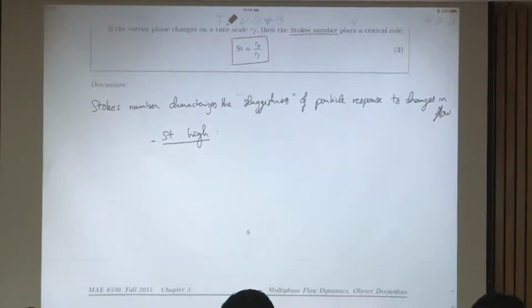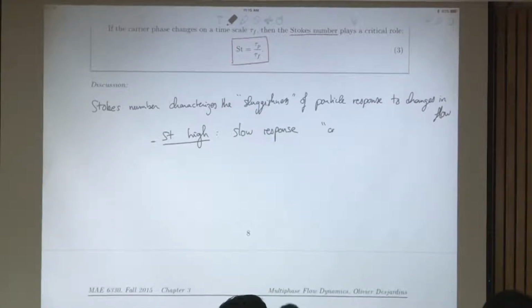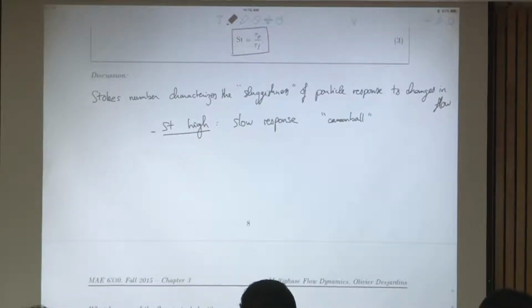It's a slow response, so the appropriate way to think about it would be to think of your particle as a cannonball. It doesn't care much about what the fluid is doing. It's too slow to really respond to changes in the fluid.